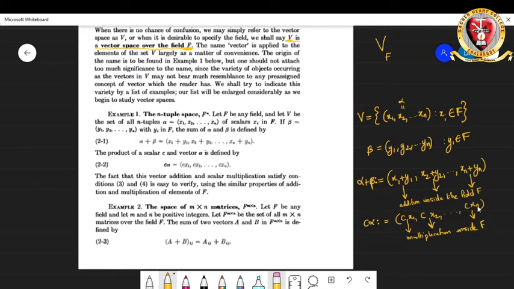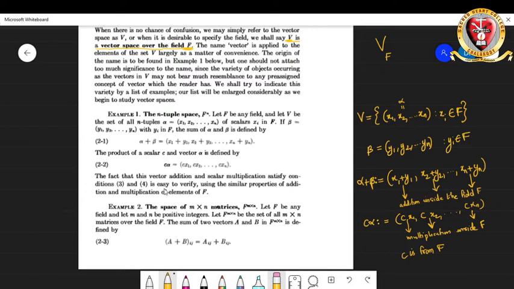C is coming from F. Scalar C is from F, and obviously x1, x2, etc., xn are from F already. So it's just a multiplication inside the field F. Okay, so that is also well defined.